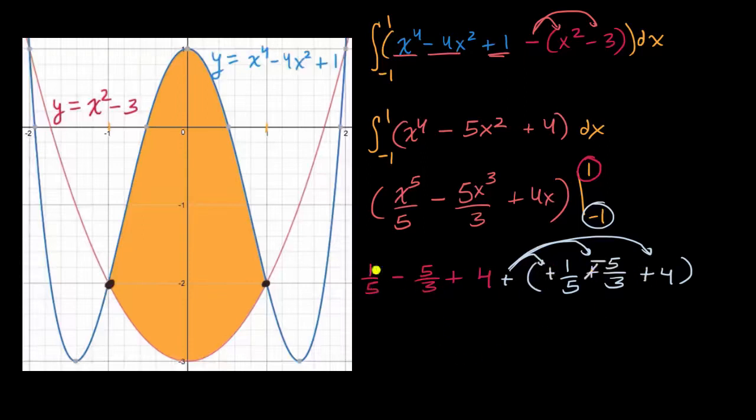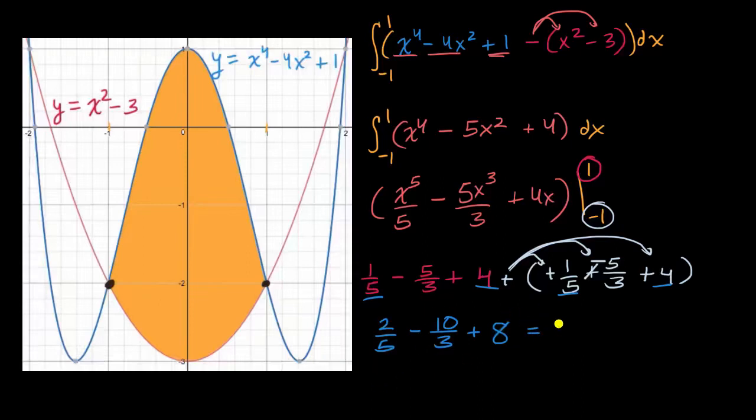So you have 1/5 plus 1/5, which is going to be 2/5. And then minus 5/3, so minus 10 over 3. And then 4 plus 4, so plus 8. And also we just need to simplify this.